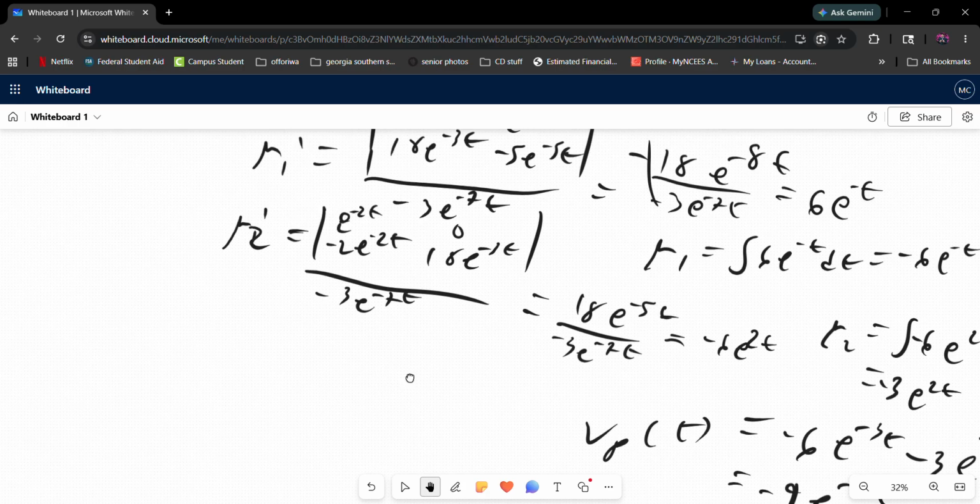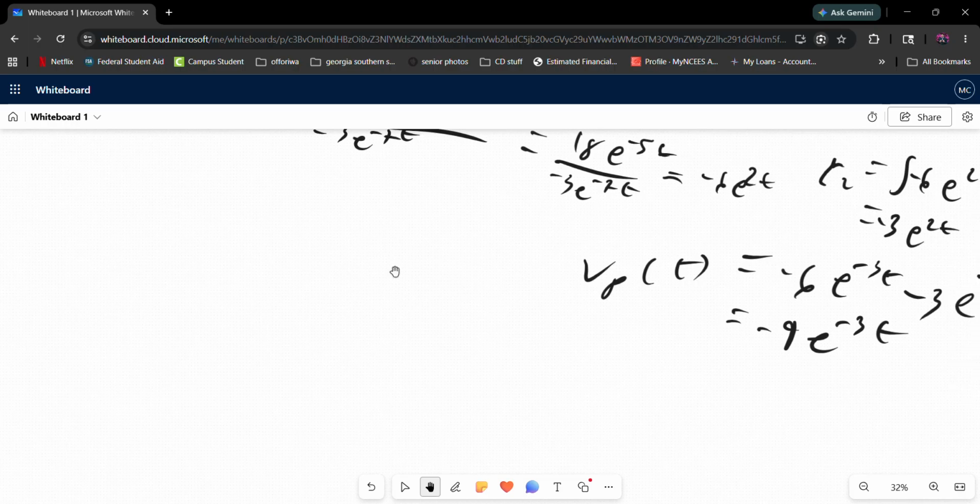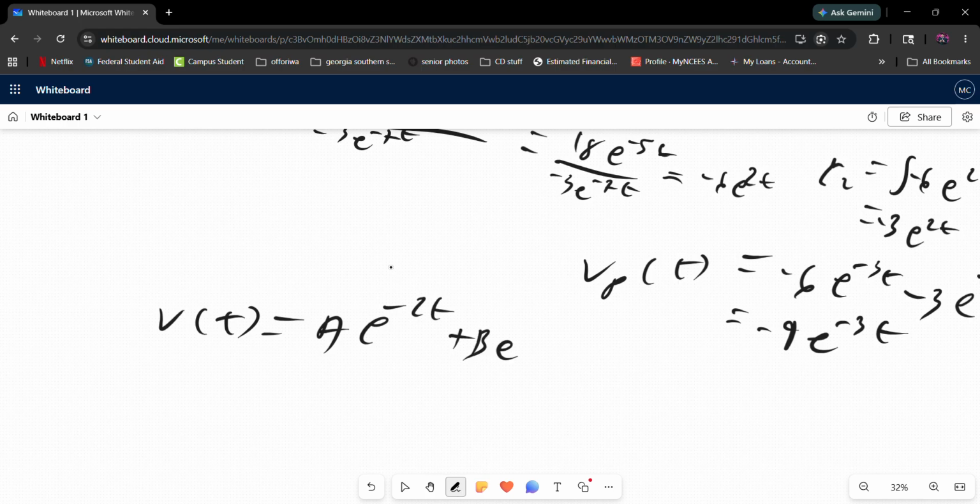So now we have that particular solution, and now we have to add it to our homogeneous solution. So v of t is just going to be a e to the negative 2t plus b e to the negative 5t minus 9 e to the negative 3t.